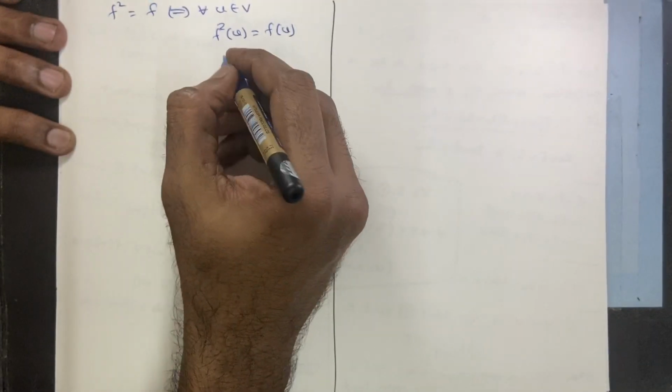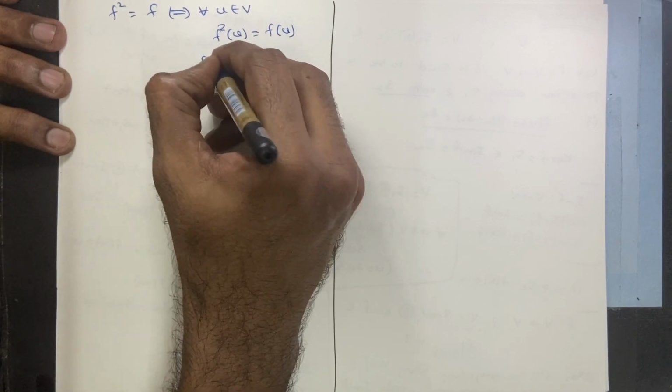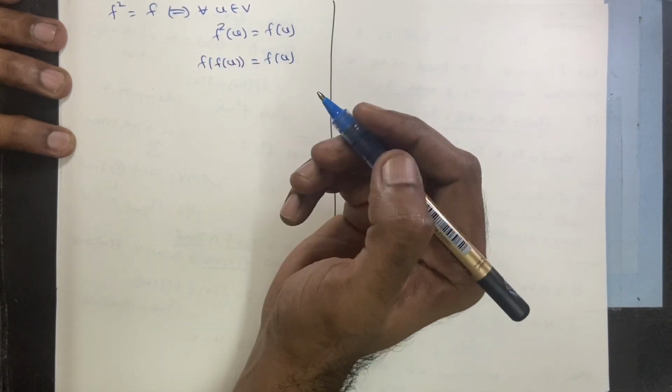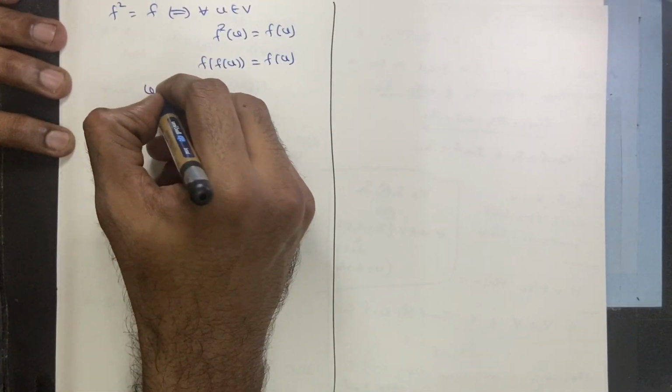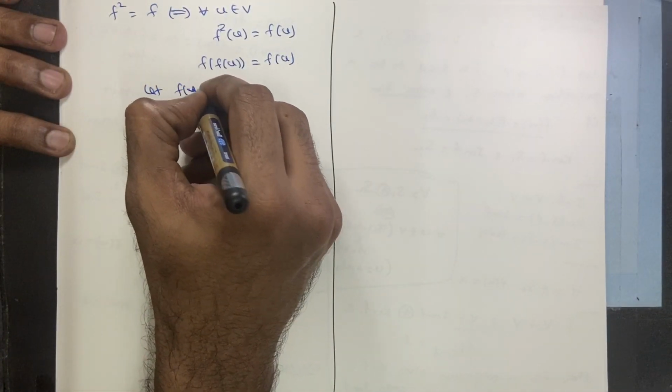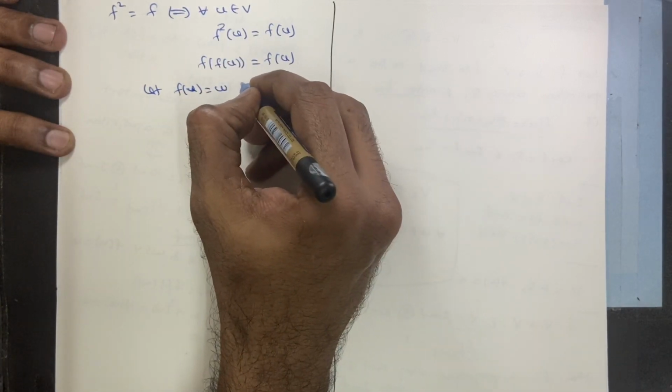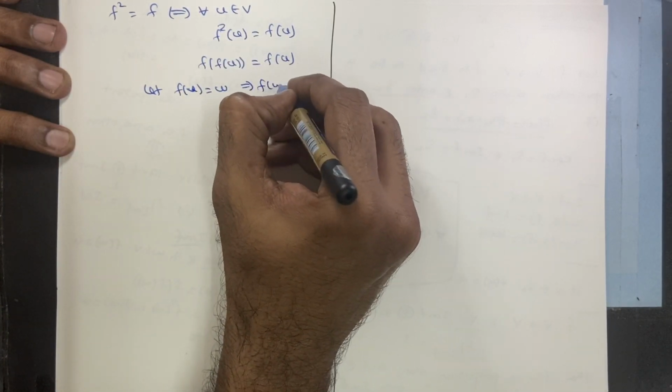In other words, f of f of v is f of v. Let f of v be equal to w, just for notation purposes. This implies f of w is w.